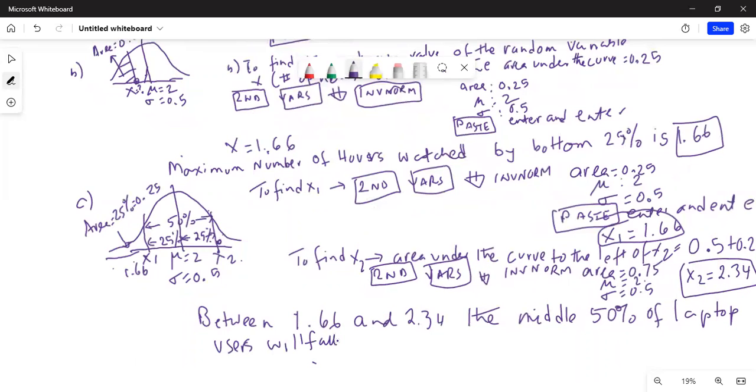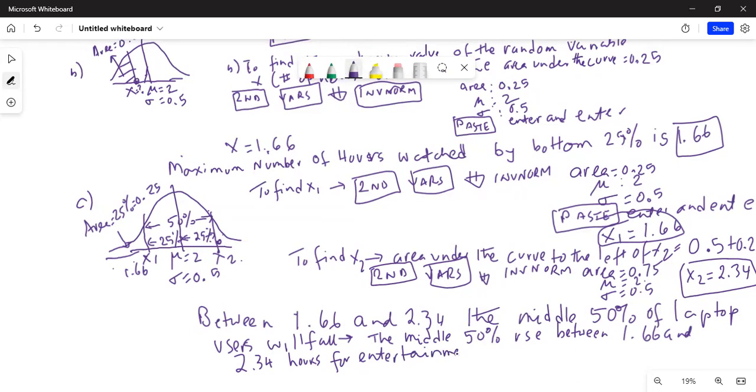And that means the middle 50% use between 1.66 and 2.34 hours of entertainment. Use the laptop for entertainment. Okay.